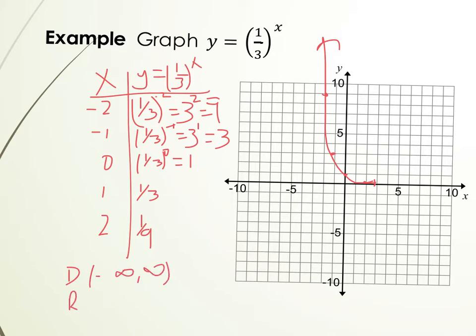Our range is 0 to infinity. Our asymptote this time is still the x-axis. And our y-intercept is 0, 1.